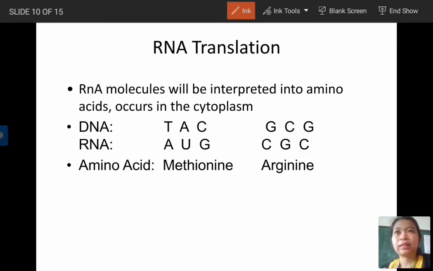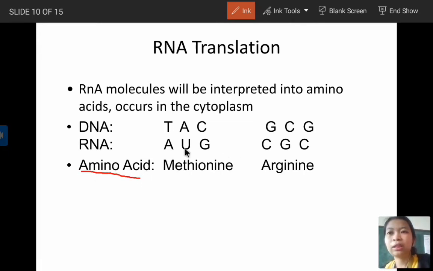Bakit sa cytoplasm nag-occur yung translation? Kasi yung amino acid na mapoproduce niya, kailangan siyang pumunta doon sa ribosomes para ma-synthesize as protein. So, remember that ribosomes are outside the nucleus. Okay, so I have here an example. Yung pa rin kanina, but then it is already translated into amino acid.